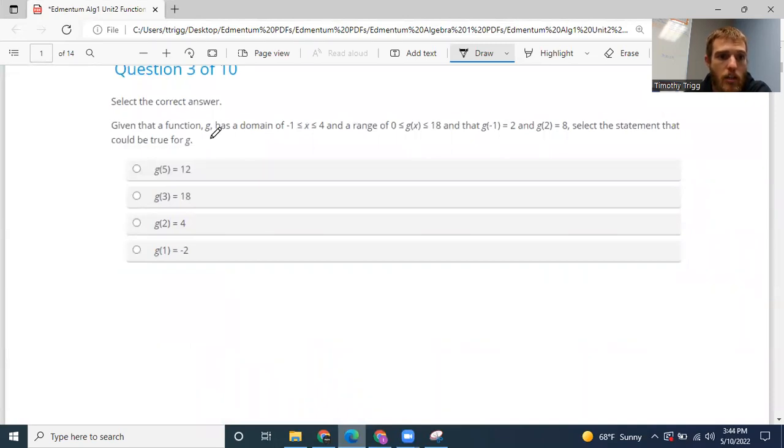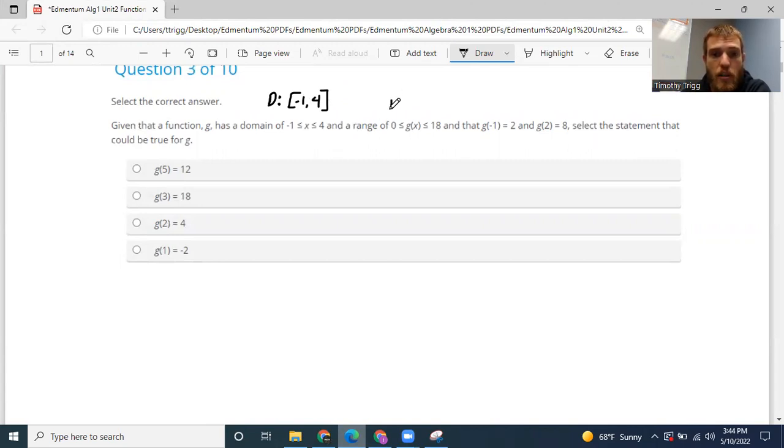Given that a function g has a domain from -1 to 4, this tells you the smallest number that the input can be and the largest number that the input can be. That's what the domain tells you. This gives you what the input has for possibilities.